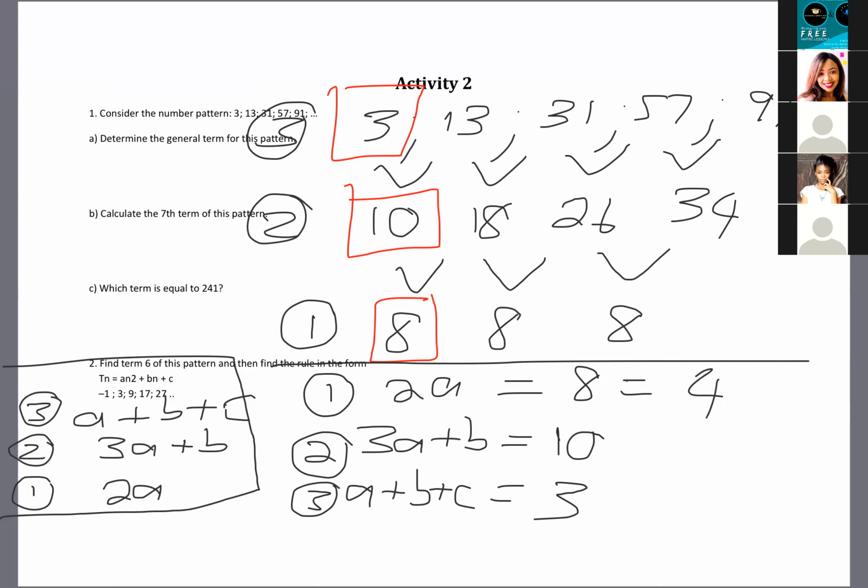And then I substitute the 4 in here. What's my value for B going to be? Negative 2. And my value for C? 1. Yes, so Tn is equal to 4n squared minus 2n plus 1.